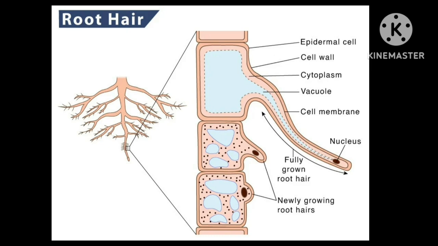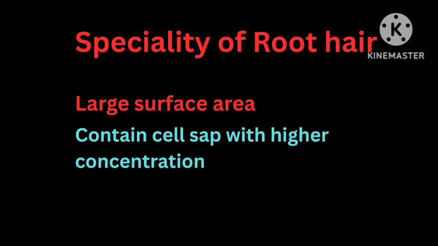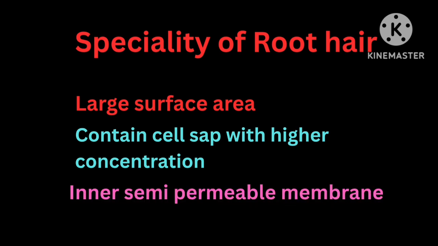Before that, we have to know what are the specialities of root hair. We will discuss it now. The first speciality of root hair is its large surface area. The more the surface area, the greater the absorption. And the next speciality is higher concentration.